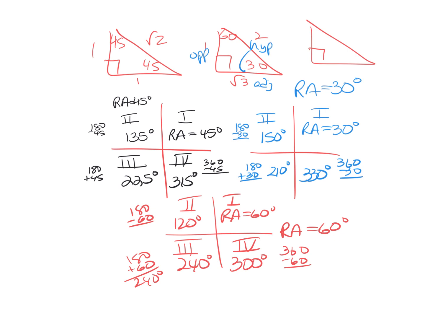And then if you wanted to label it based off of the 60, this would still be root 3, but now it's opposite when you talk about 60. The 1 would be adjacent, and the 2 would be hypotenuse. For the 45, 45, it doesn't matter which one's opposite and adjacent because you have 2 of the same angles. So again, if you wanted to label it off of this, this would be opposite, adjacent, and hypotenuse.